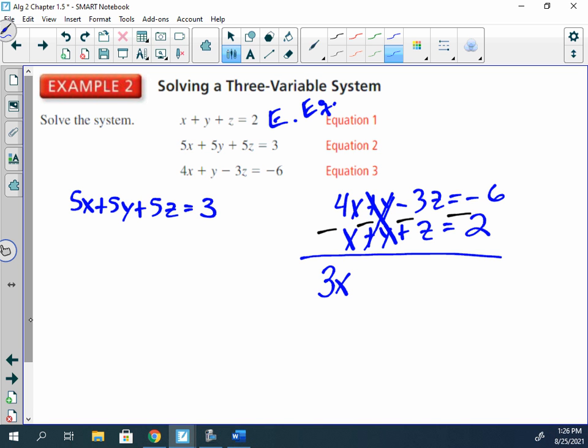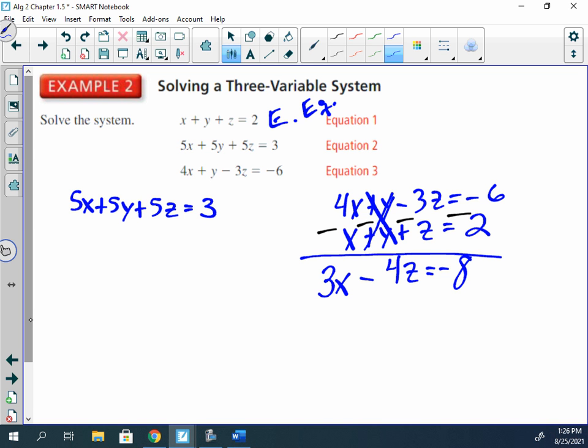Negative 3 minus 1 is negative 4z. And negative 6 minus 2 is going to be negative 8. So we have one of our two equations with two variables. Any questions on this here so far?